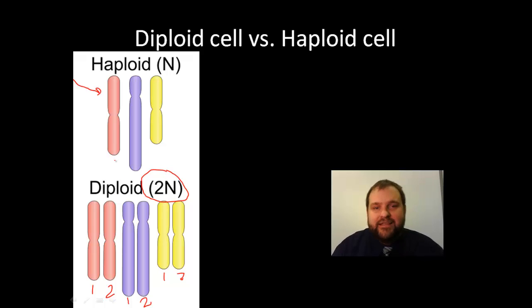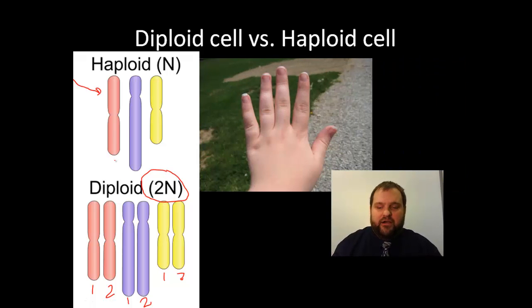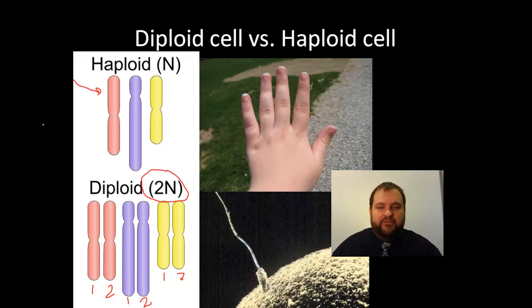Haploid cells in the human body are only found in one place, and those are our egg and sperm cells. Those are the only cells in the human body that are haploid. All of the other cells in our body are diploid.